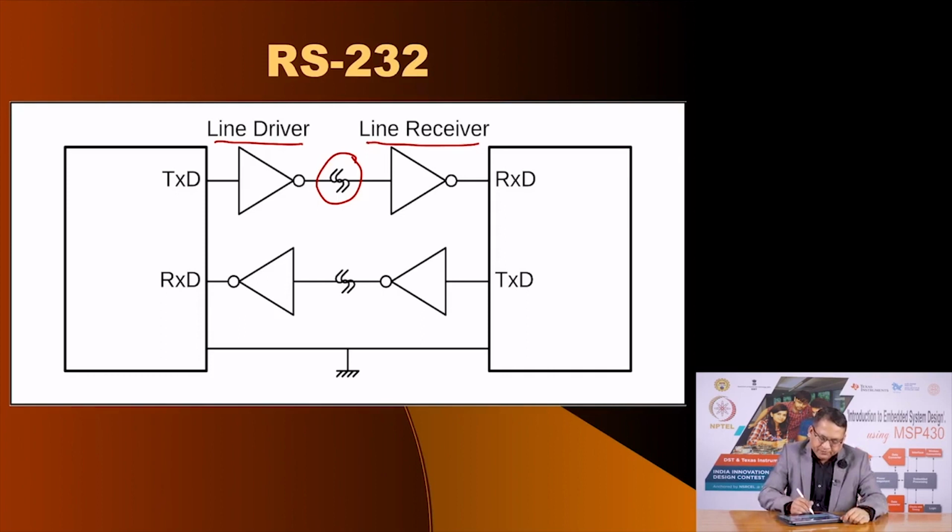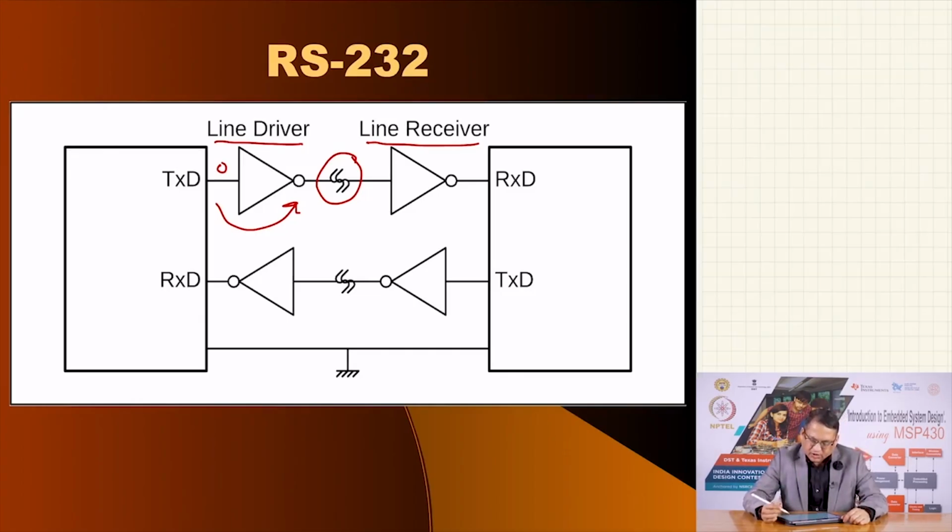As you see here, this line driver also inverts the logic, that is, if you send 0 here, the value will be inverted. But the voltage levels at which the RS-232 line drivers work operate as follows.